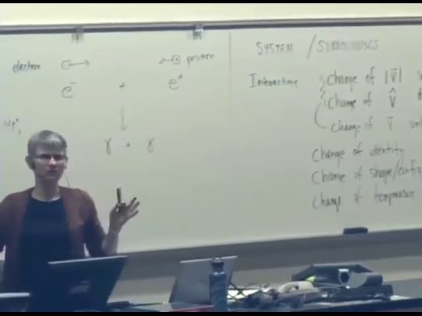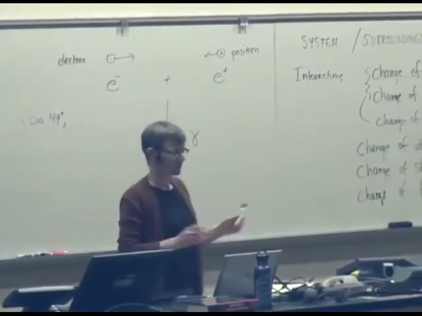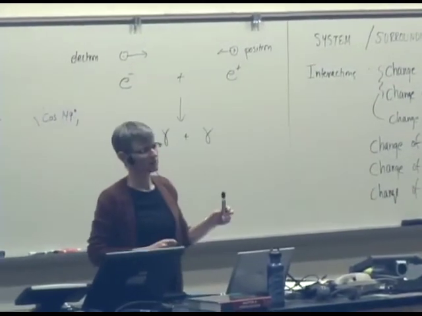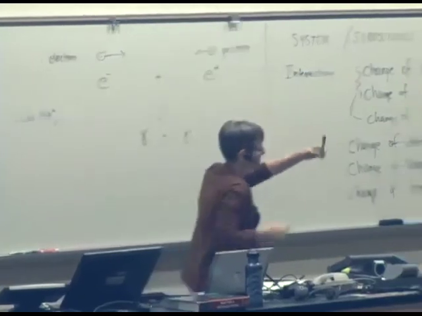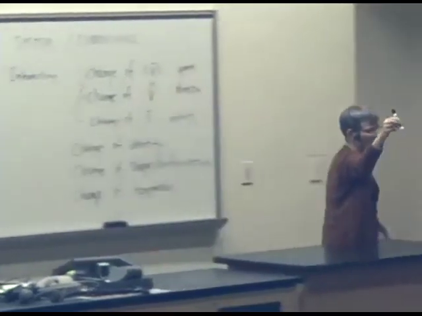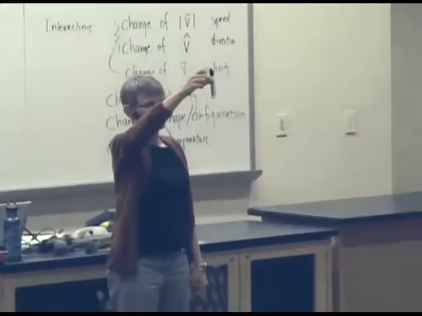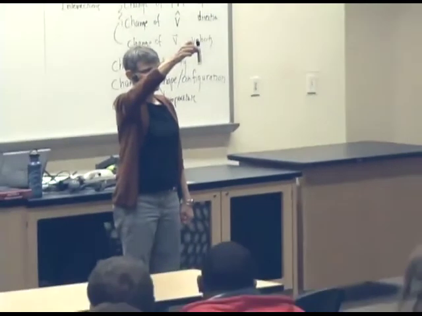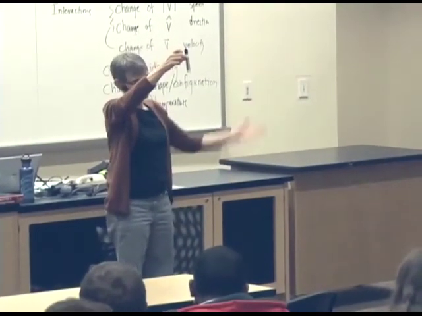Now, sometimes we have to do a little deductive reasoning to deduce interactions. And here's a very simple example. Here's an object that is currently at rest, so its velocity is 0, speed is 0, direction is undefined.